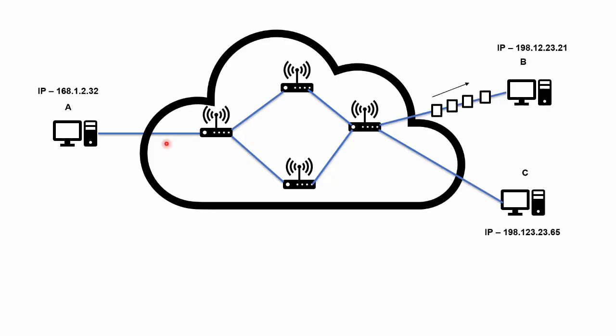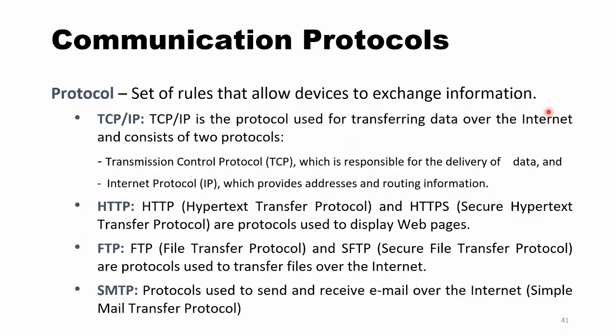They are transmitted through the routers to the respective device. Then again, the transmission control protocol will collect all the pieces and convert them back into the information. So that is what happens using the transmission control protocol and the internet protocol. When you are transferring data over the internet, we use this TCP/IP protocol.